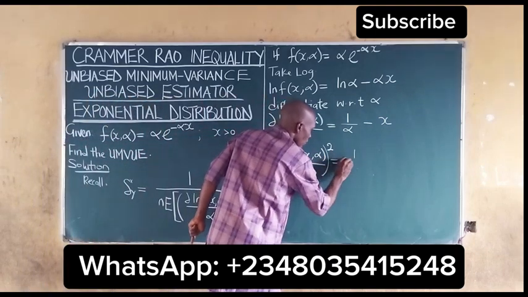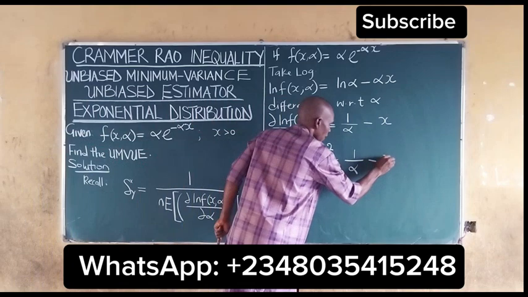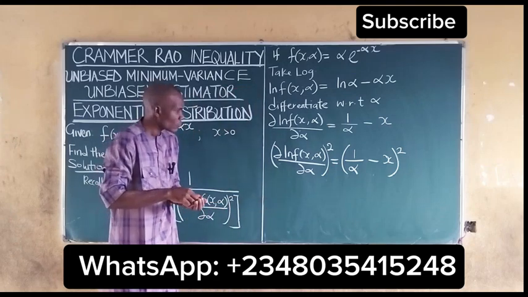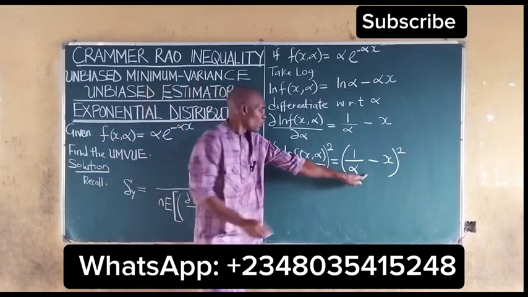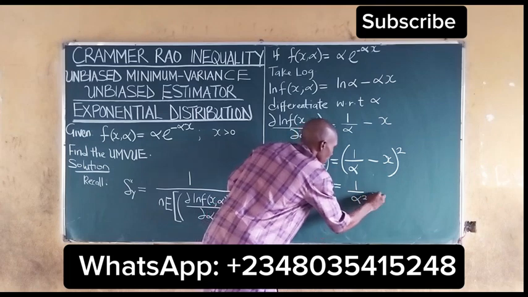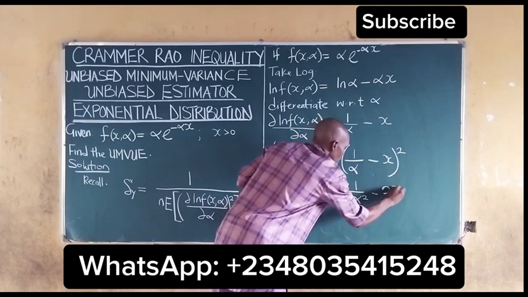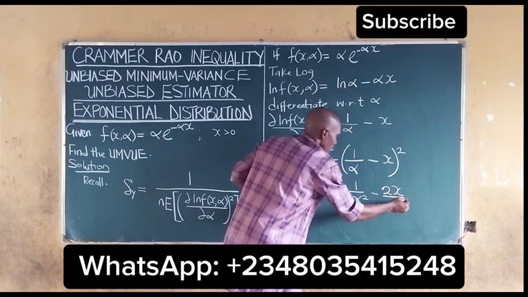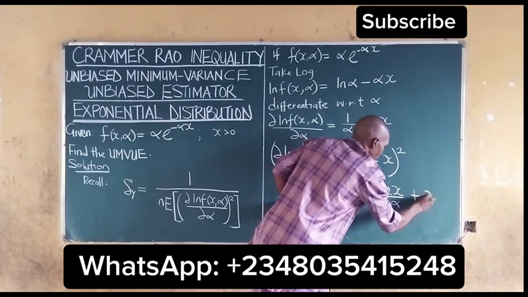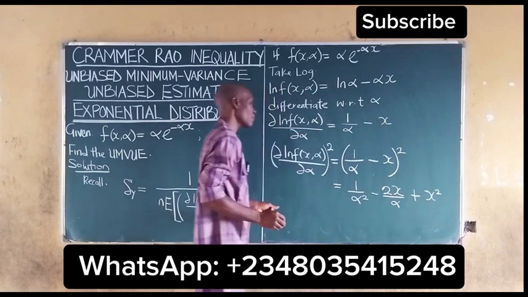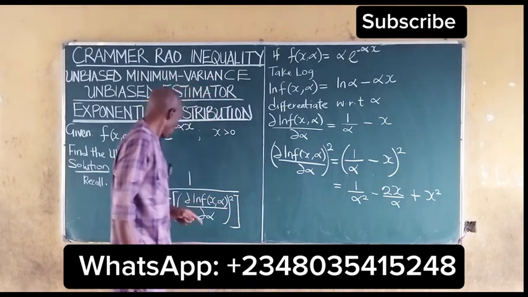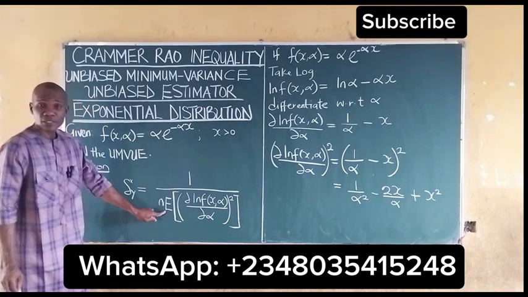We'll now write it as 1 all over phi minus x, raised to the power of 2. From the quadratic expansion, we can simplify this to give us 1 all over phi squared minus 2x all over phi plus x squared. This is what we get. So the next thing to do is to take our expectation.